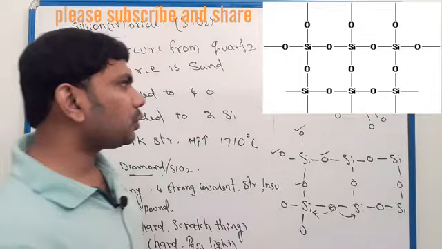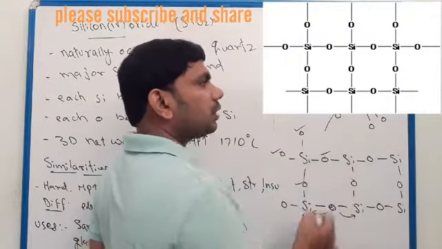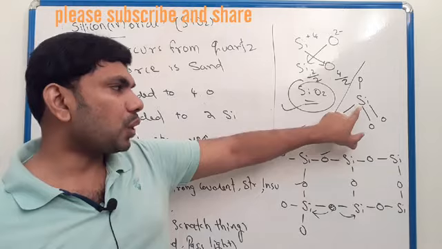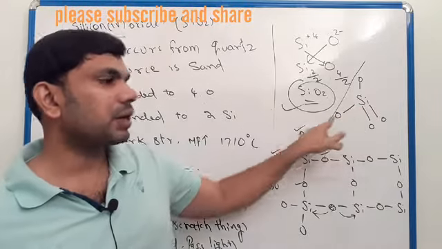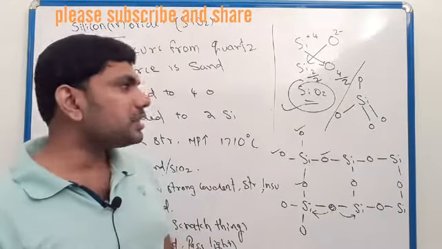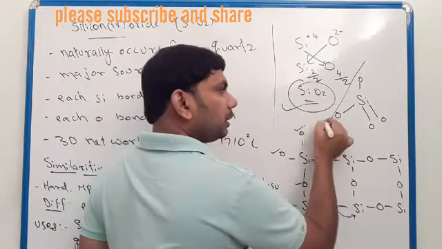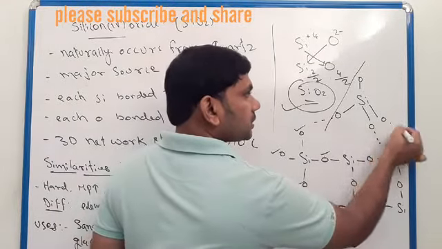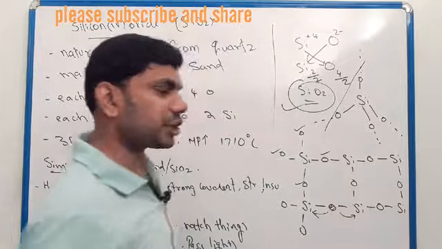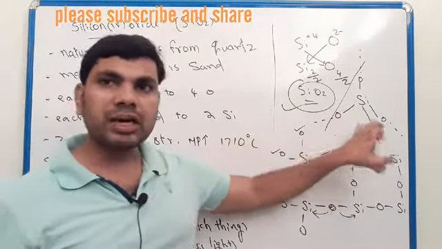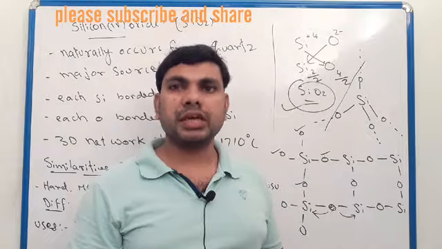We can draw the structure of silicon oxide simply. We can draw like this: one silicon atom with 4 different oxygen. Actually, it is a 3-dimensional network structure. This structure will continue over here. Okay, it is a tetrahedral structure like diamond.